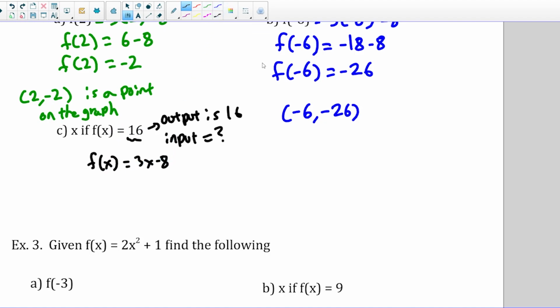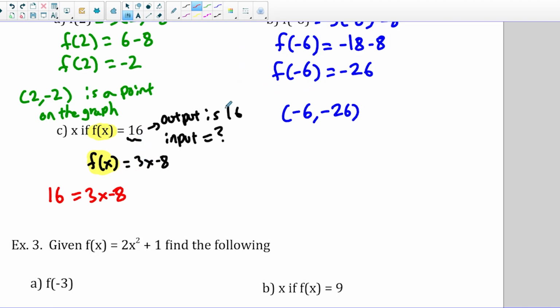So we can think of this in a couple different ways. It just really depends on how you like to interpret things. We know that because f of x is equal to 16, this is the same f of x. So I can then state that f of x, which is 16, is also equal to f of x, which is 3x minus 8. I've basically just made these two equal to each other.